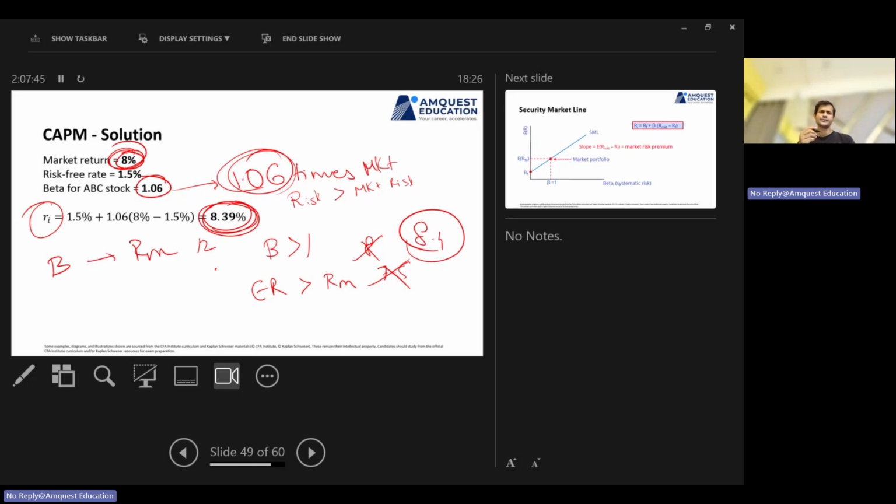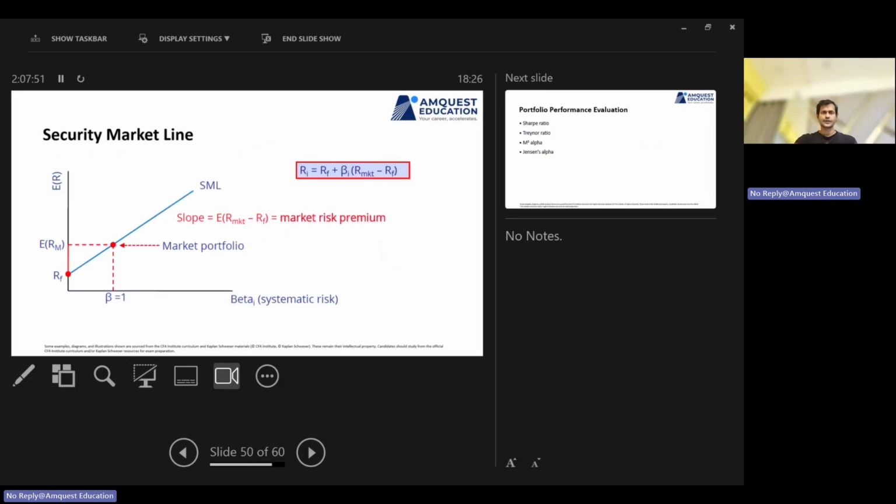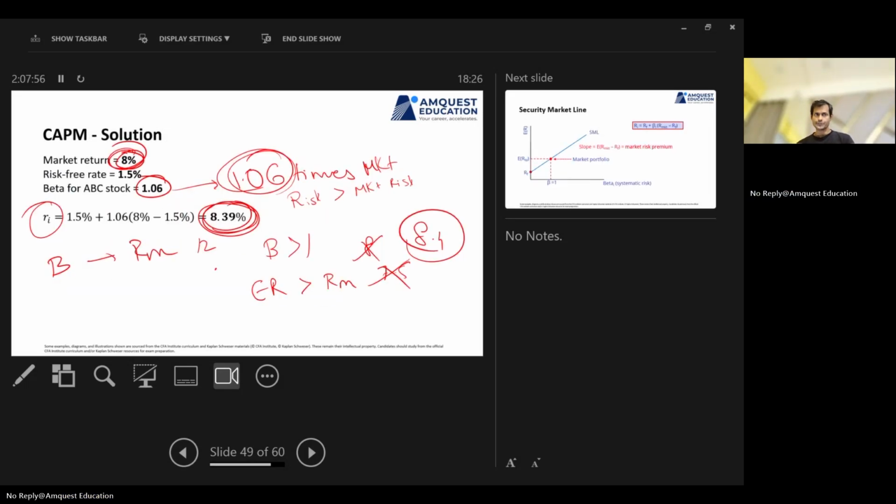What is beta? It's the sensitivity of the rate of return to the market return. Could you explain the concept again? Basically, what is beta? It is the risk that you're taking with regard to the market risk. If you're taking the same risk as the market, you will get the same return as the market. If your beta was 1, the answer would have been exactly equal to 8, because beta is the market risk.